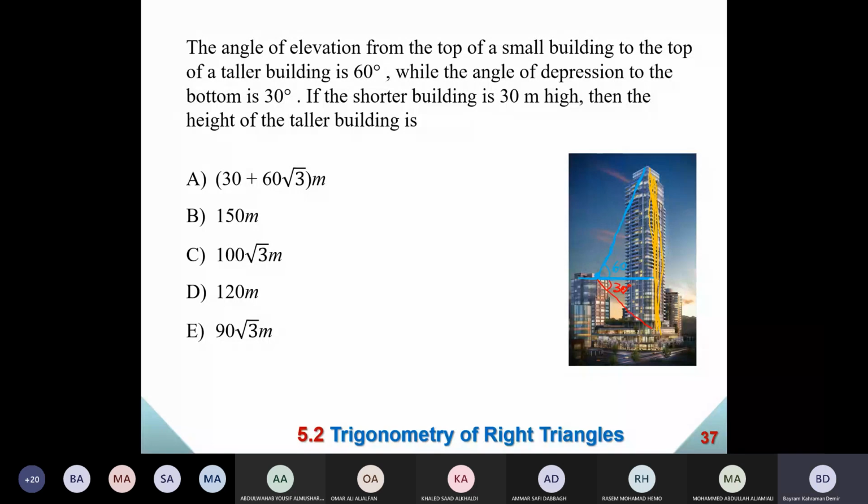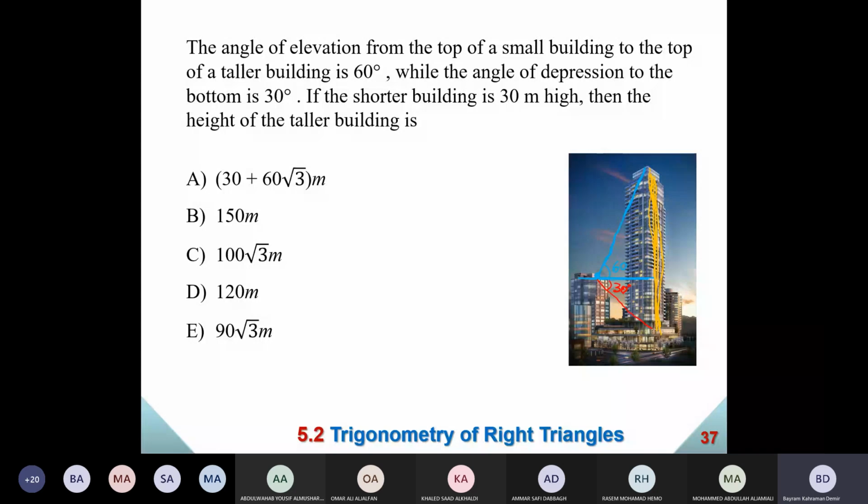So let me just draw a clear picture for you so that you can follow easily. Here is the tower. Here is the small building.